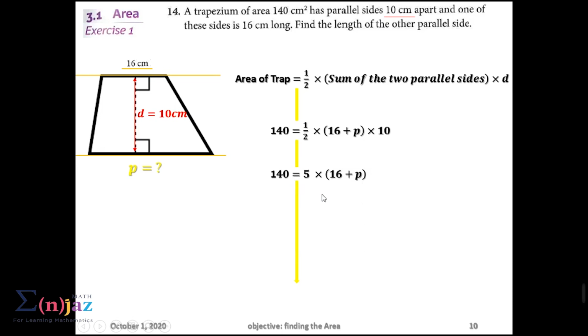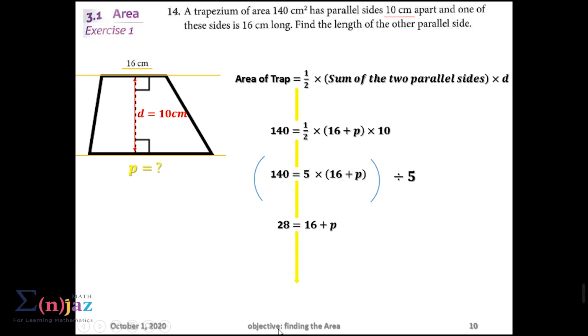Another option is, instead of the expanding step, you immediately divide each side by 5, because we're getting rid of the 5 to solve for P, or to make P the subject. And then 140 divided by 5 will come down to 28. So 16 plus P is equal to 28.